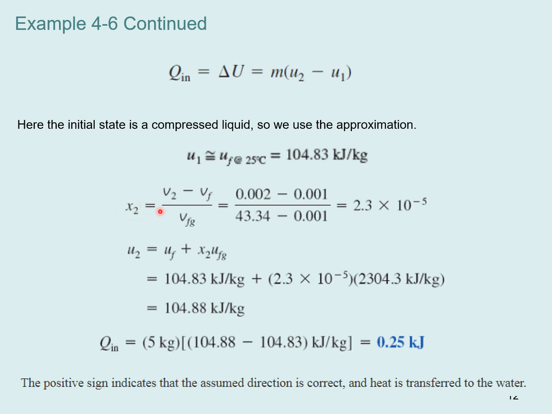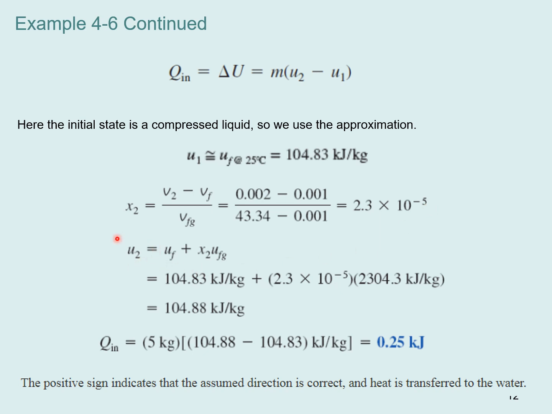So the quality is the V value minus the VF divided by VFG. So V2 we know, we calculated it from a couple slides ago. VF we can look up in the tables. VFG is the difference between VG and VF, so those are in the tables. So the quality is 2.3 times 10 to the minus fifth.